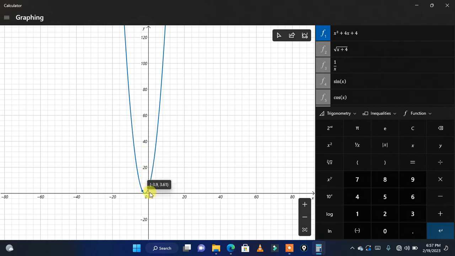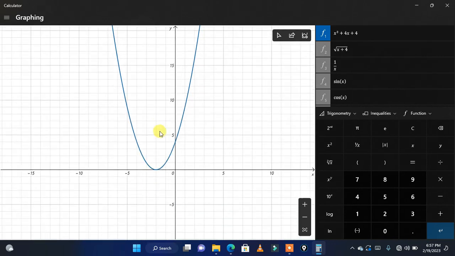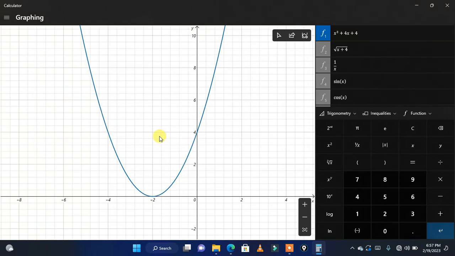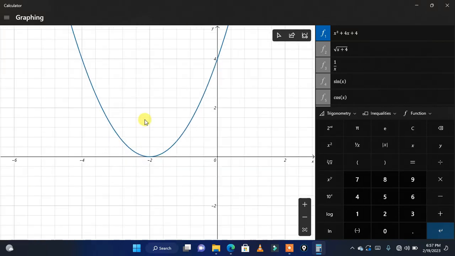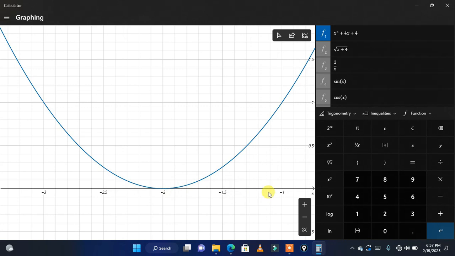Now let's look at the range. Remember, I said the range talks about the values of y that are obtained from the function or the curve. So trying to zoom out, if you observe critically, you realize that the first value of y obtained at this level is 0.